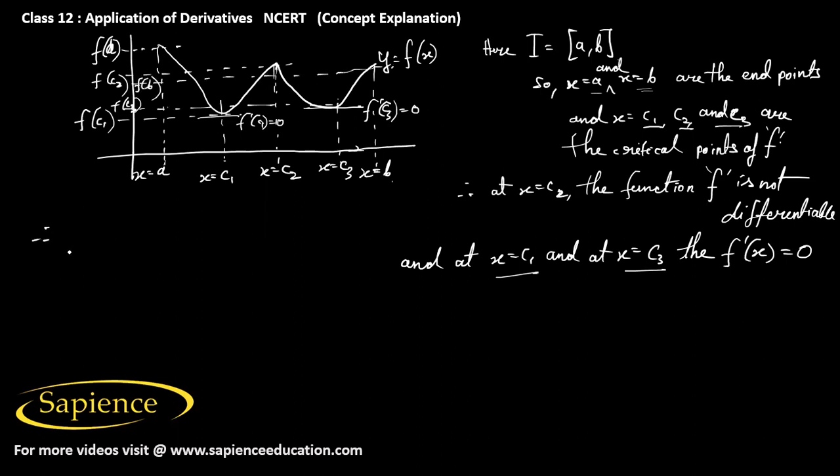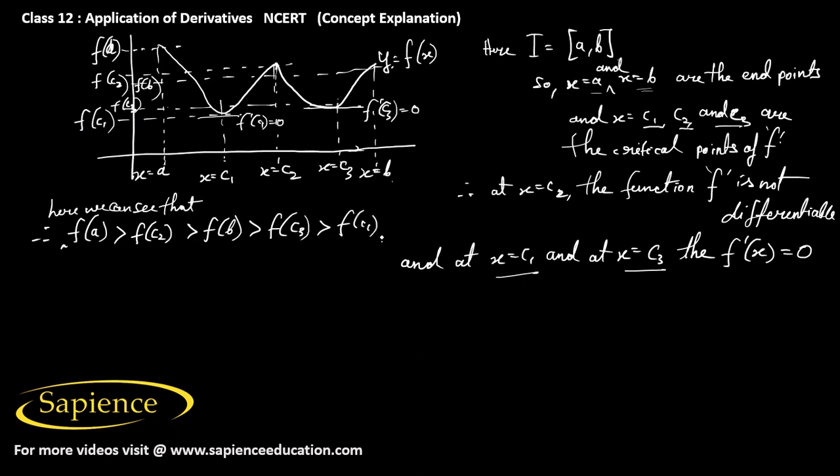Now here we can see that the value of the function at x equal to a is the highest, meaning f of a is greater than f of c2, which is greater than f of b, which is greater than f of c3, which is greater than f of c1.